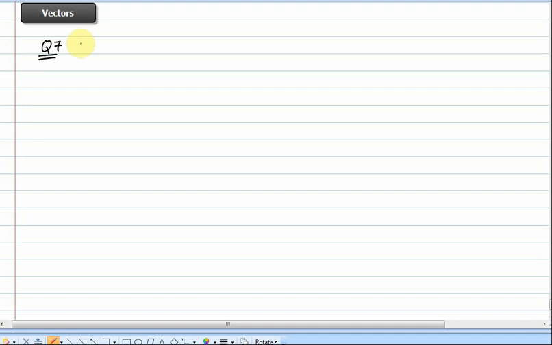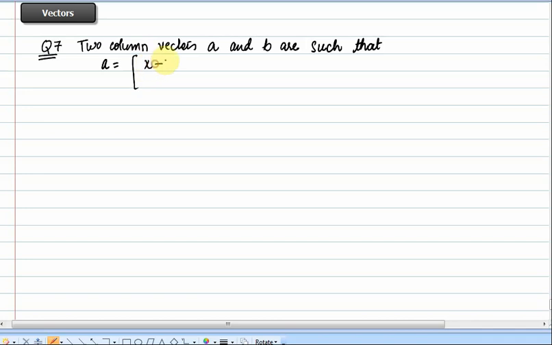The question says two column vectors A and B are such that A is equal to (x minus 3, 2 minus y), and B is equal to (5 minus x, y minus 9).